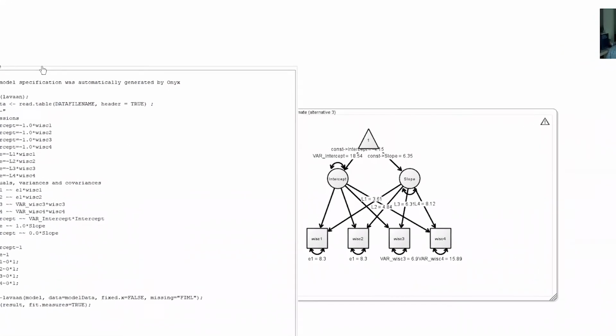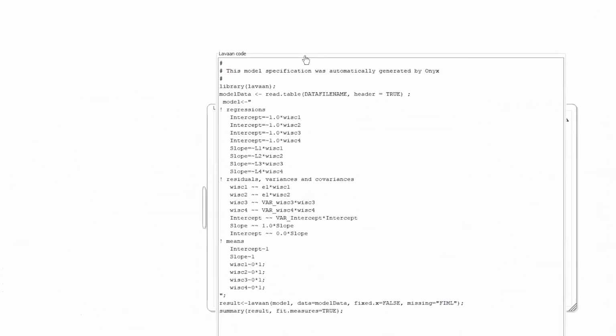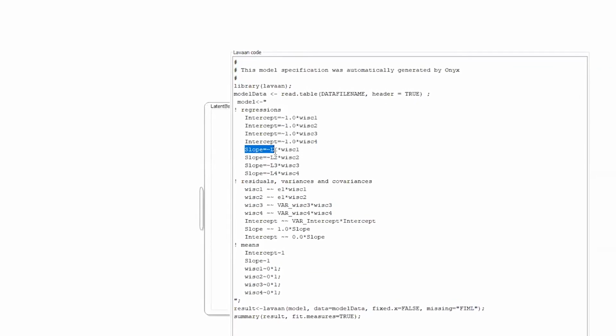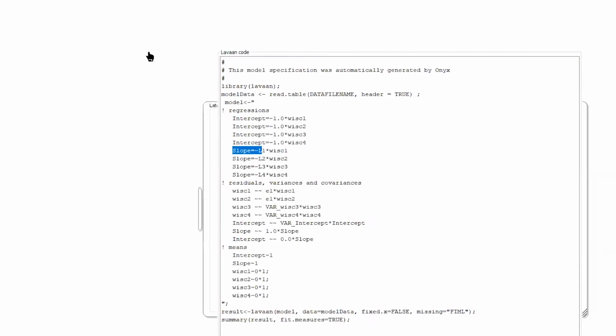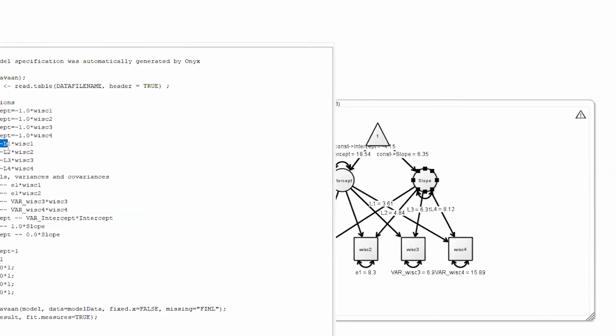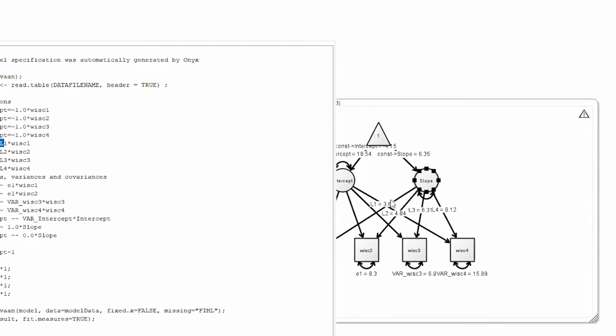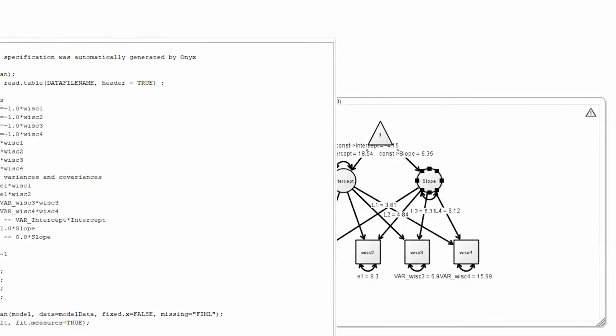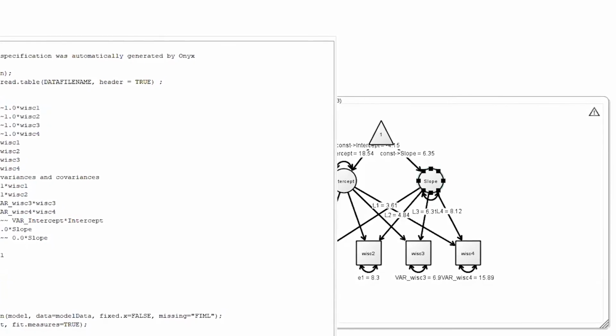I apologize. Haven't fully had my coffee. And the next things are the arrows that are involving the loadings. So slope is this latent variable, and that goes down to L1, a free parameter, and same song, second verse for L2, L3, L4.